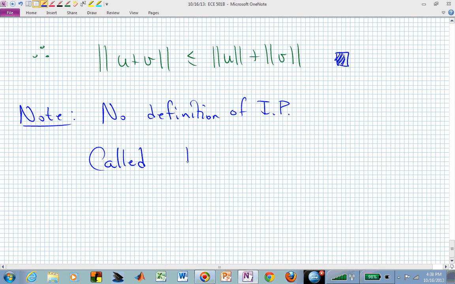So this is now called the triangle inequality.